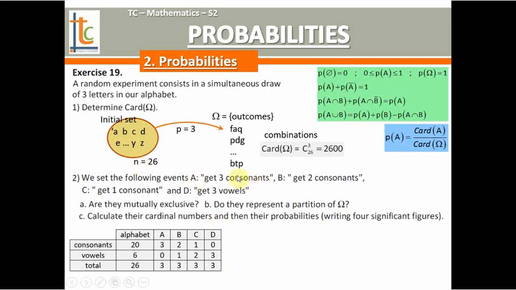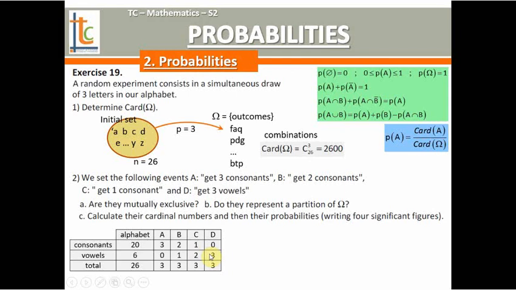Inside the subset A, you want groups of 3 letters that contain 3 consonants and no vowel. Inside B, you want 2 consonants and 1 vowel. Inside C, 1 and 2. And inside D, no consonant and 3 vowels. So I explained that this time you can calculate separately combinations for consonants and for vowels.